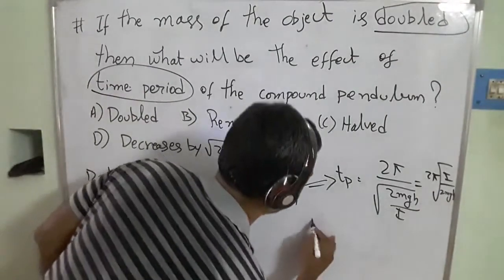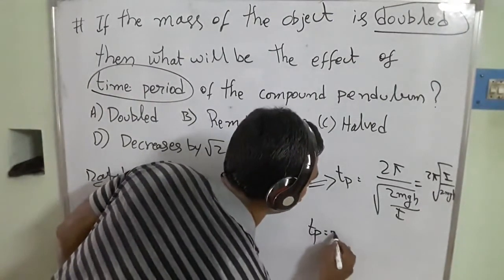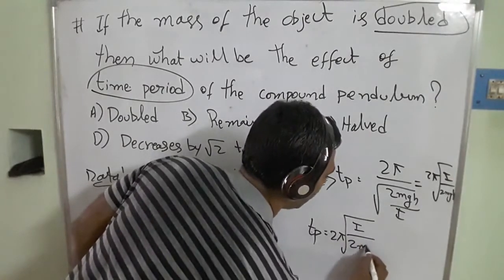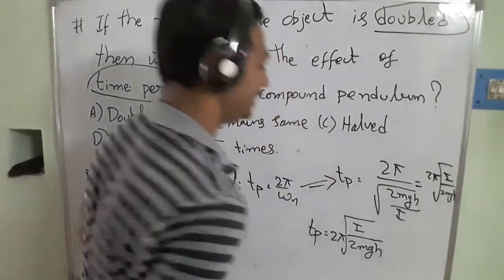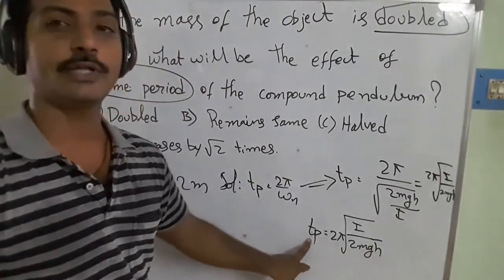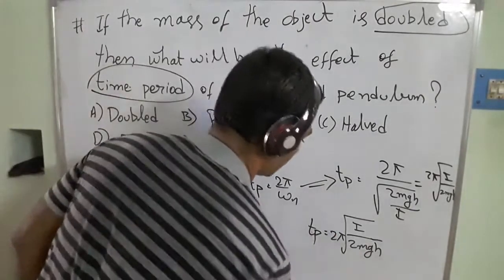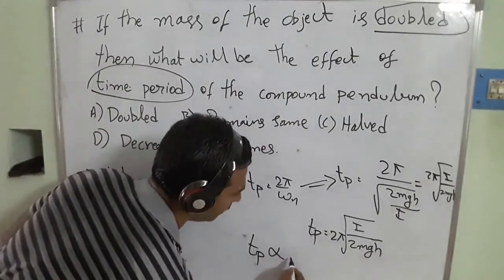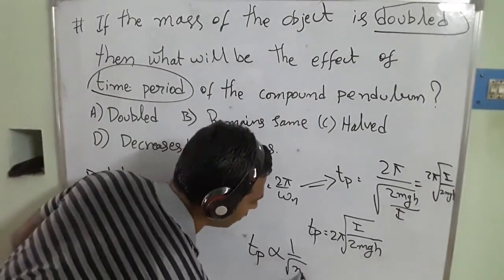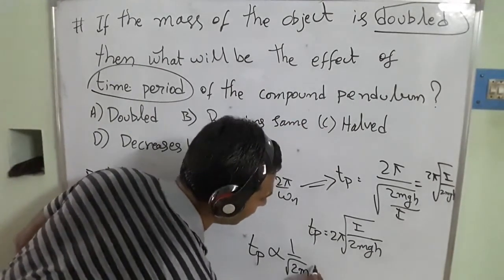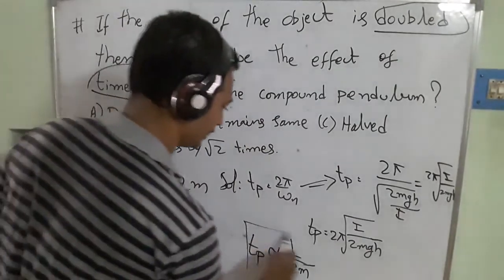So the time period is equal to 2 pi the square root of I by 2mgh. When the mass is doubled, what will happen to the time period? The time period Tp is inversely proportional to the mass, that is the answer here.